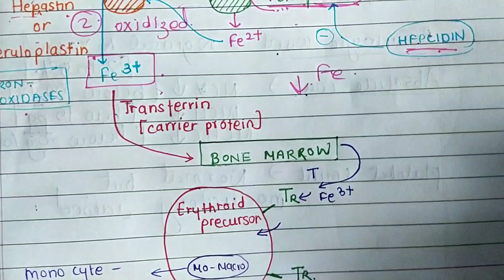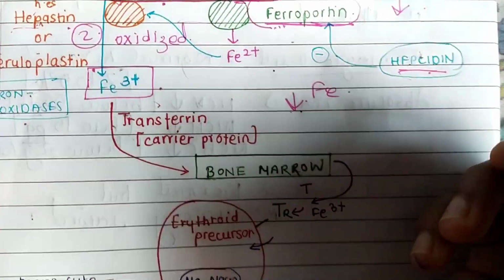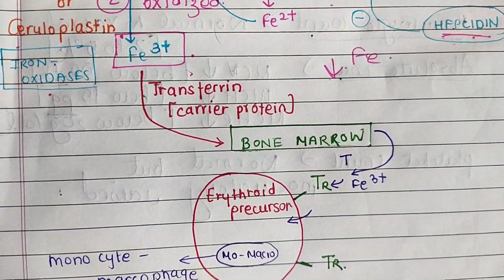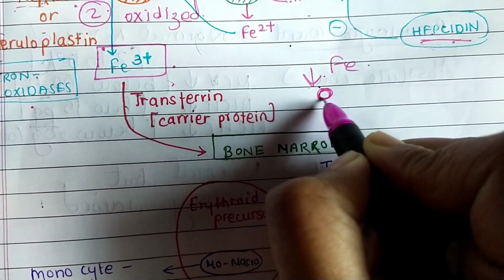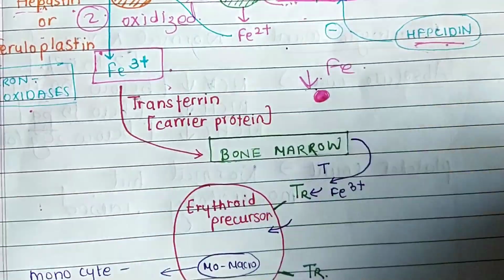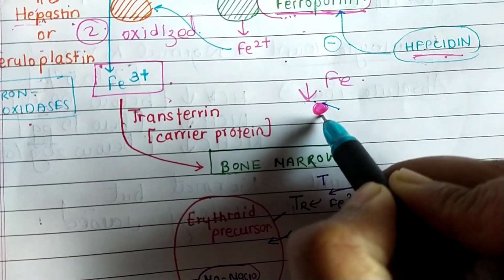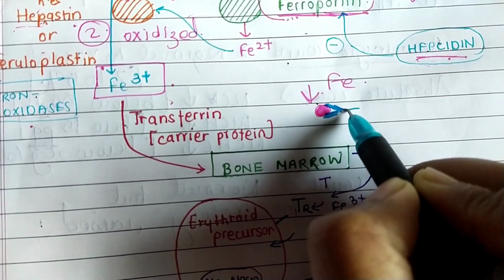This ferric iron, with the help of a transfer protein. Now what is a transfer protein? A transfer protein is nothing but something which transfers iron. So now suppose this is an iron molecule. This gets attached to a transferrin protein.